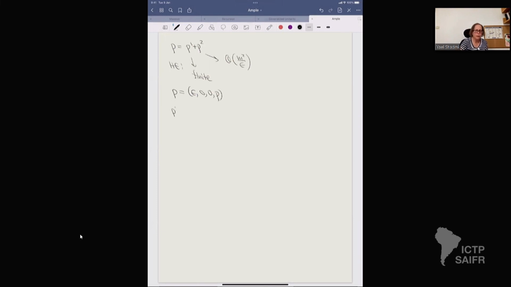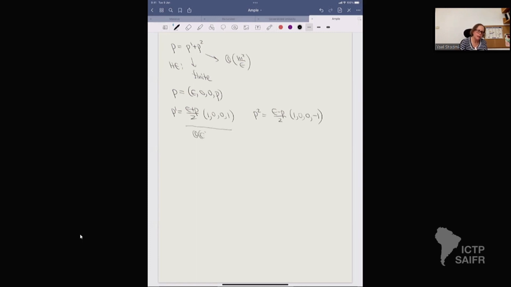Then I can take P1 to be (E+p)/2 times (1,0,0,1), and P2 to be (E-p)/2 times (1,0,0,-1). You see that P1 stays finite in the high energy limit.